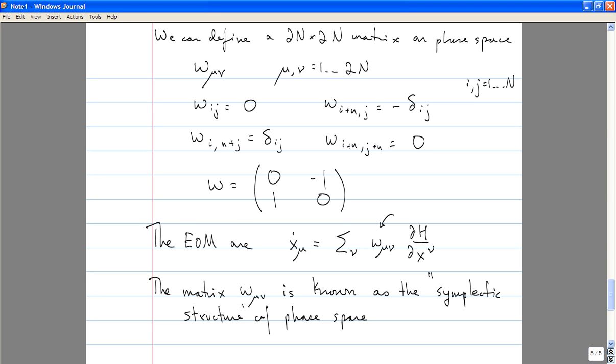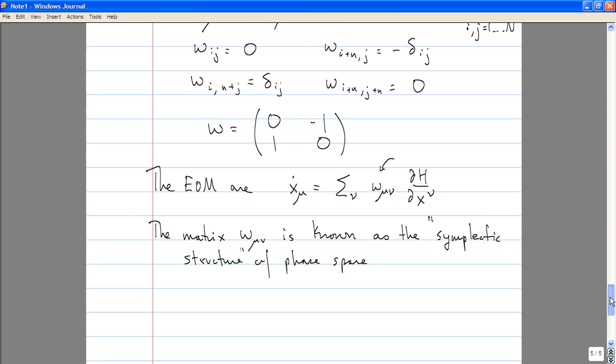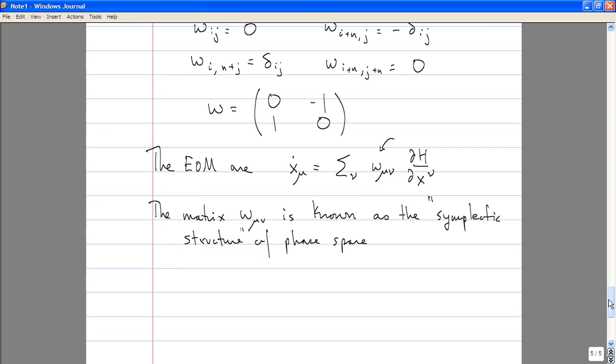In particular, you can check that this matrix has the following property, that as a 2n by 2n matrix, it is equal to minus its transpose. Or, put more simply, it's antisymmetric.